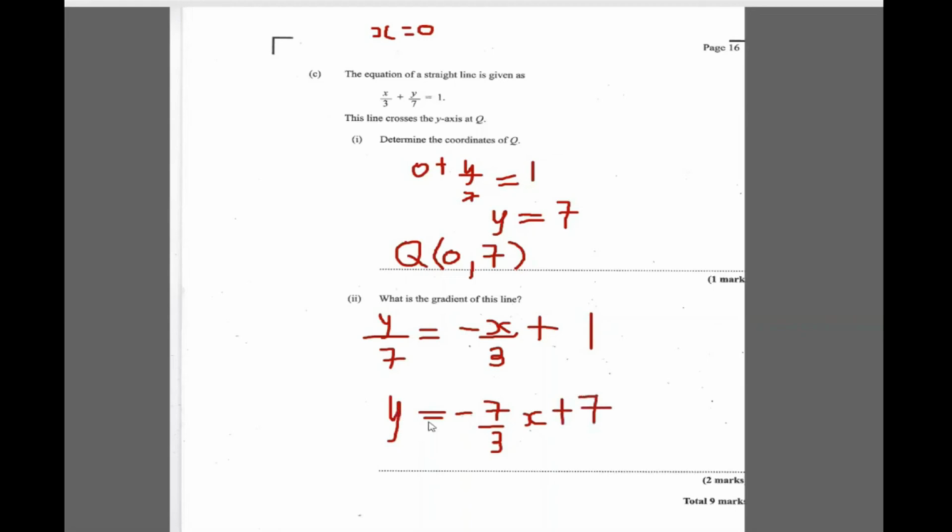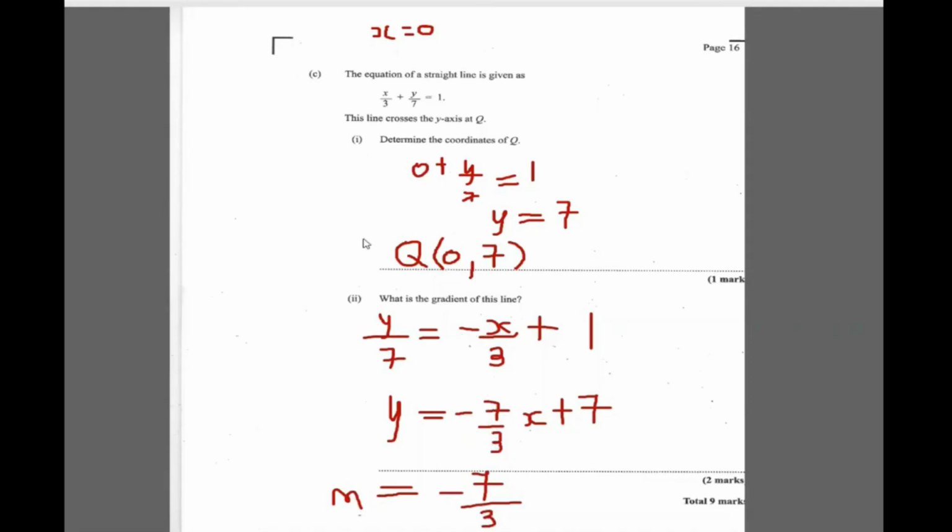This is in the form y equals mx plus c, where the gradient is m. So the gradient of this line is minus 7/3.